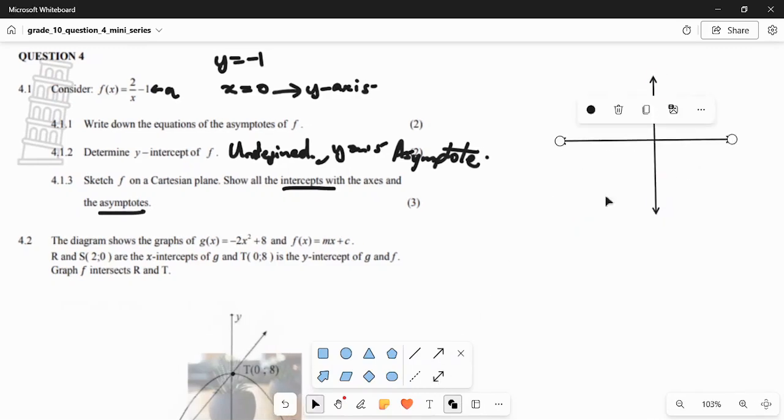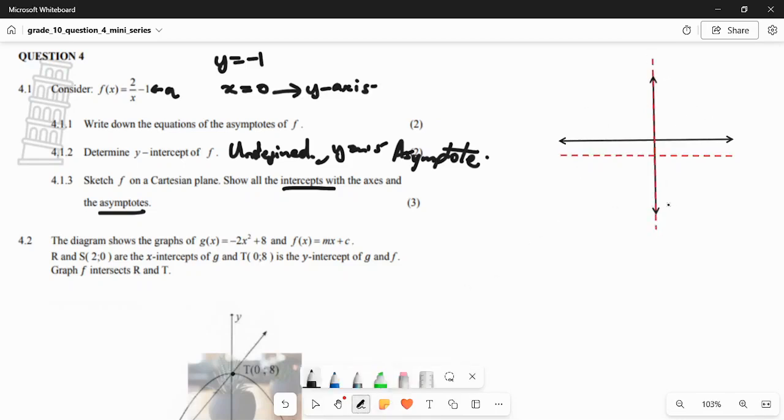Then I draw my horizontal asymptote, the line y equals negative 1, in red. My vertical asymptote is the line x equals 0, which is just the y-axis. Let me label these: x equals 0, and y equals negative 1.